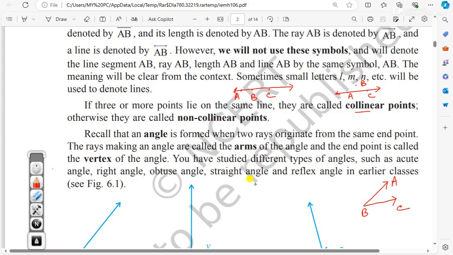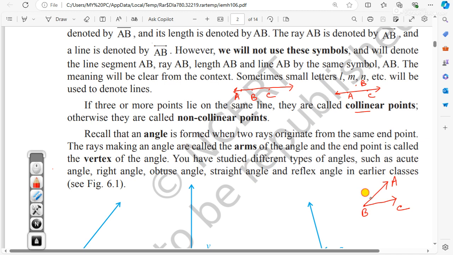An angle is formed when two rays originate from the same endpoint, from this B to A or B to C. The rays making an angle are called arms of the angle. BA and BC are called the arms of the angle, and the endpoint is called the vertex of the angle, and B is called the vertex of this angle.